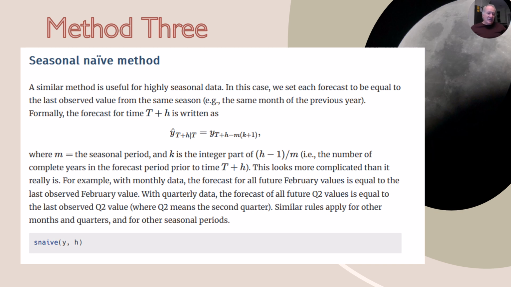There's also a seasonal variation. In this case, what we're going to do is set our predicted value equal to the value from the same month of the previous year. So for example, if we wanted to predict the average temperature in June, we would use the value from last June's average temperature.